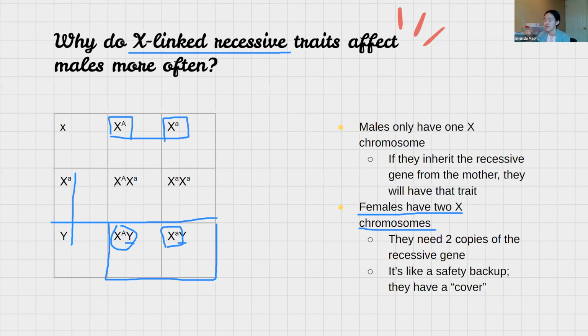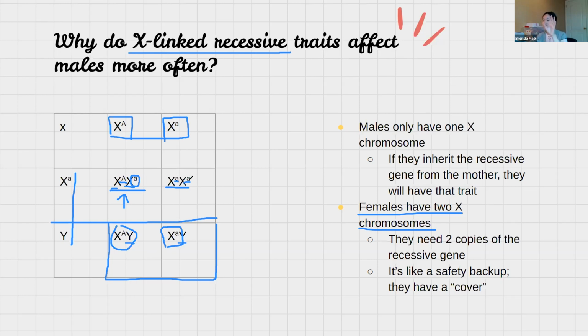However, with this daughter over here, you can see there are two X chromosomes, so it's a female. While she does have a recessive allele from the father, she technically has a second chance because the mother passed on the dominant allele. However, for this daughter right here, she does have the trait because she has two recessive ones.